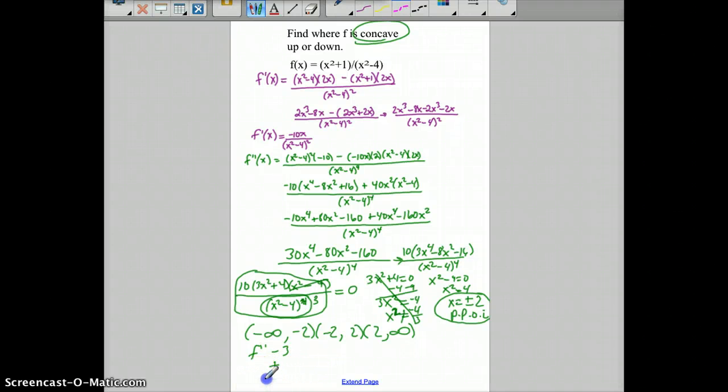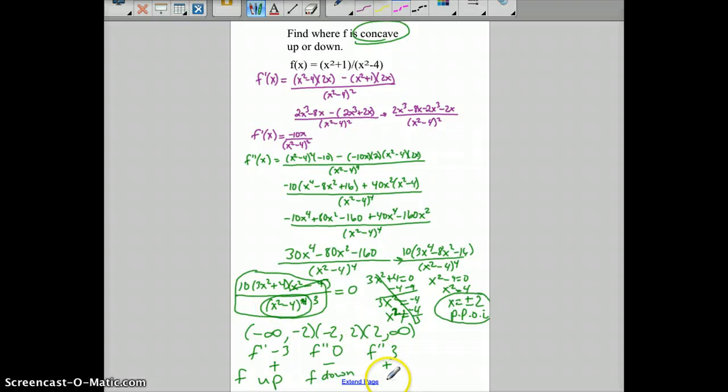So the graph is concave up here. And then if I put in a 0, I get positive on the top and a negative on the bottom. So my graph is concave down here. And then putting like a 3 into the second derivative, positive on top, positive on the bottom.